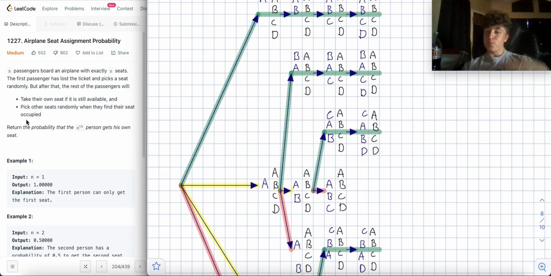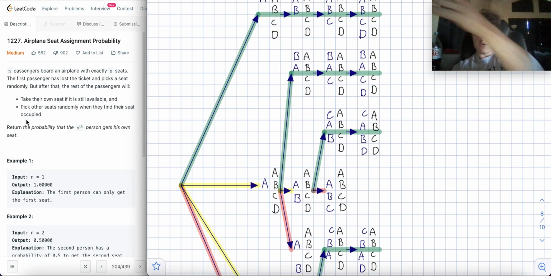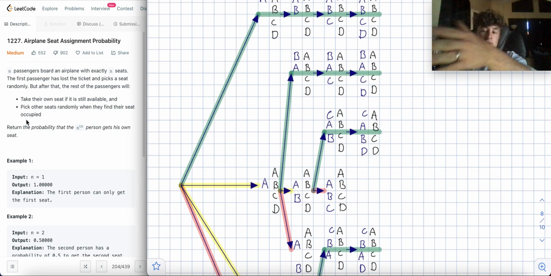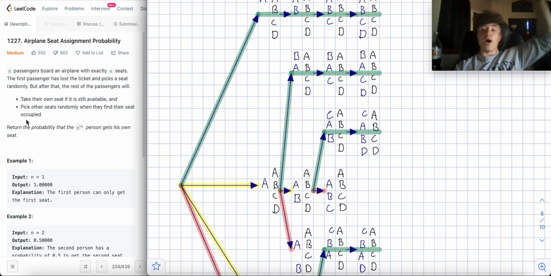But if the first person doesn't choose their own seat, well, then they're going to be in someone else's way, right? They're going to be taking some other individual's seat, and that individual is going to see their seat taken, so that individual is going to take some other person's seat, and there's going to be this cascading effect, right?